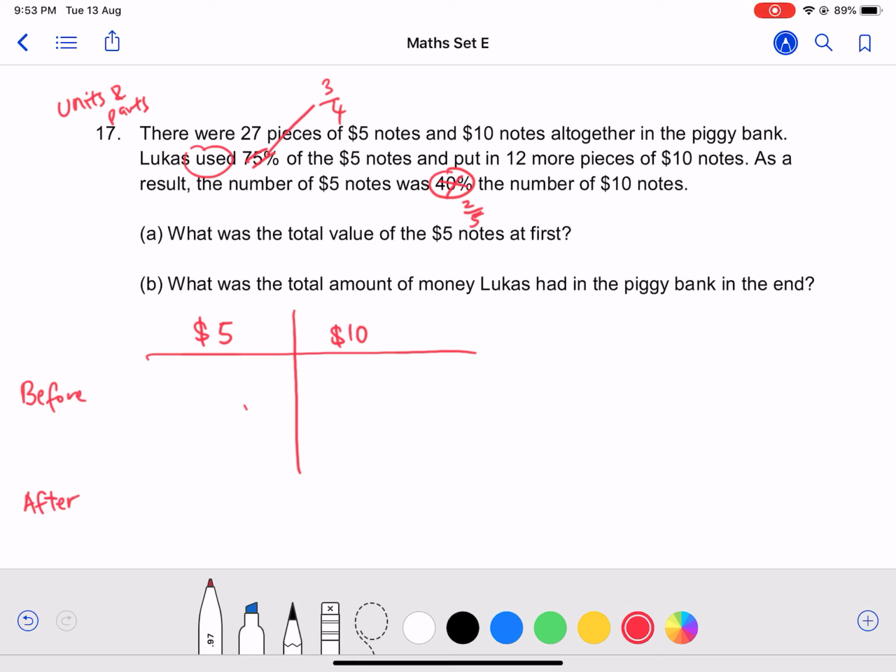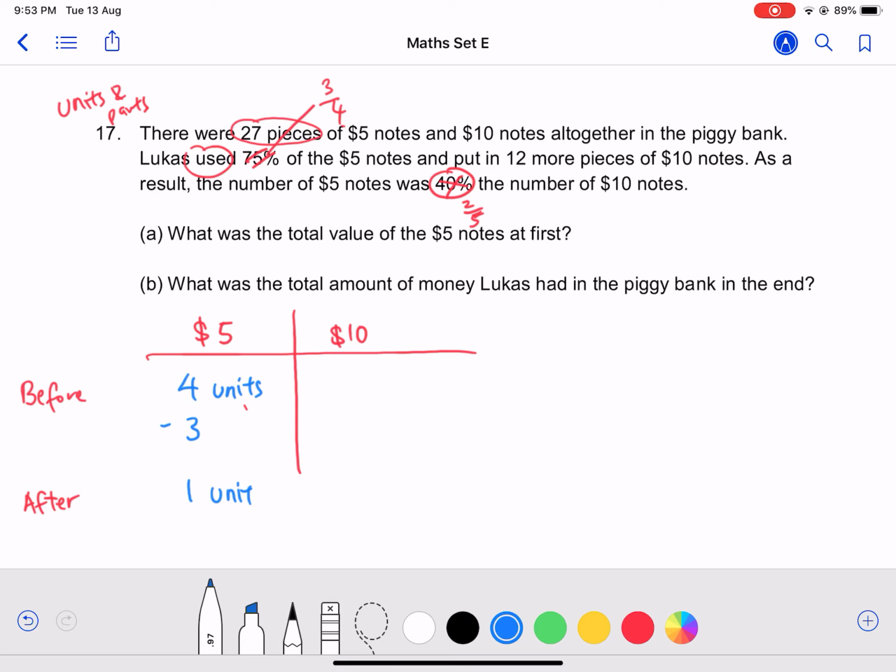Before you use up, there's altogether 27 pieces. Before you use up 3/4 of it, meaning to say you actually had 4 units, right? You use up 3/4 of it and you end up with 1 unit. You use up 3/4, of course you are left with 1/4.